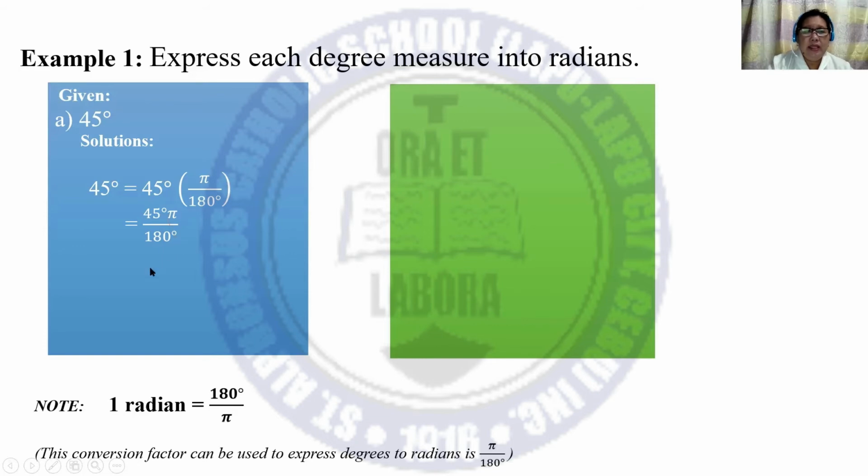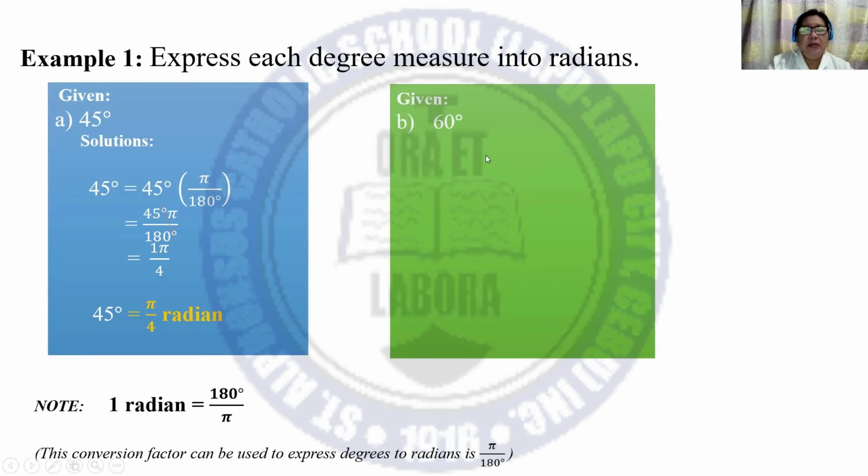Cancel the degree unit and reduce 45 and 180. So we have 1/4 pi or 1 pi over 4. And simplify, we have pi over 4 radian. So meaning 45 degrees is simply equivalent to pi over 4 radian.